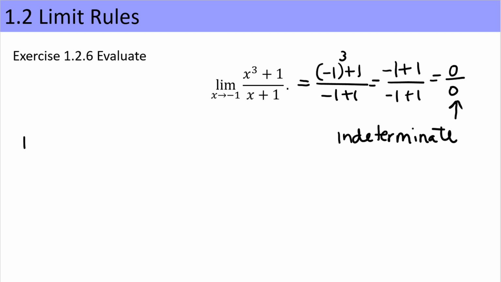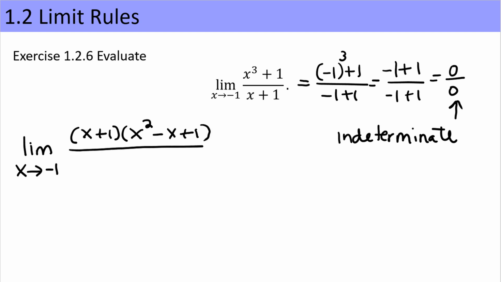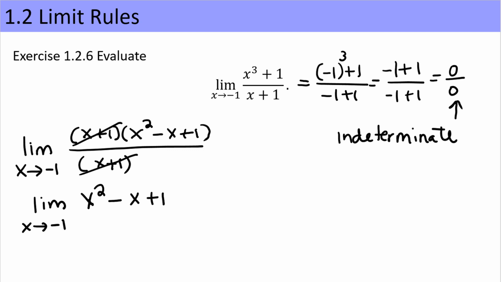It's a cubic, so we'll write the limit as x approaches negative 1. We'll factor the x cubed plus 1. That's a sum of cubes. We can write this as x plus 1 times x squared minus x plus 1, divided by x plus 1. The x plus 1's are common to the numerator and the denominator, and now we can take the limit as x approaches negative 1 of the polynomial x squared minus x plus 1.